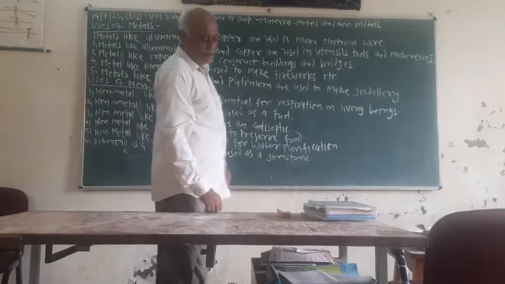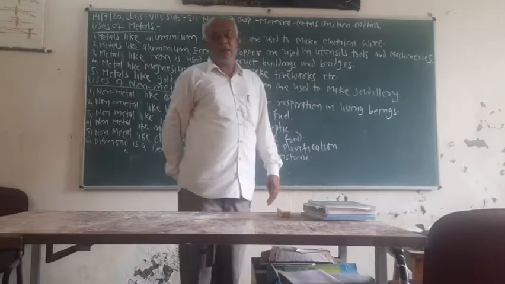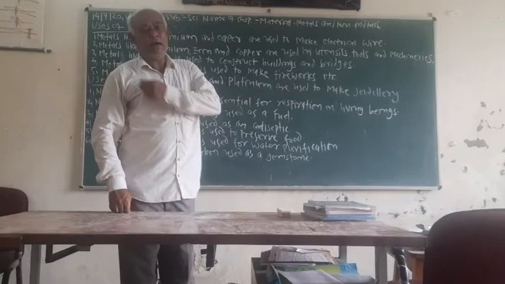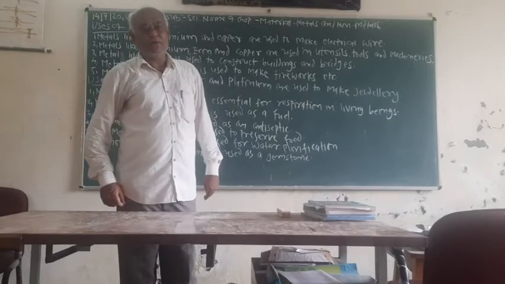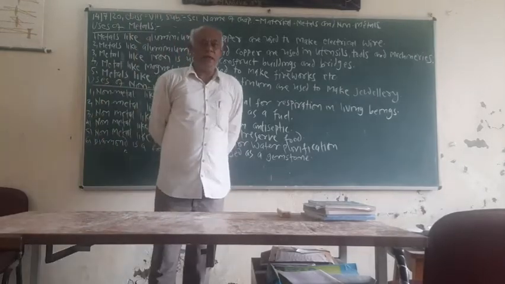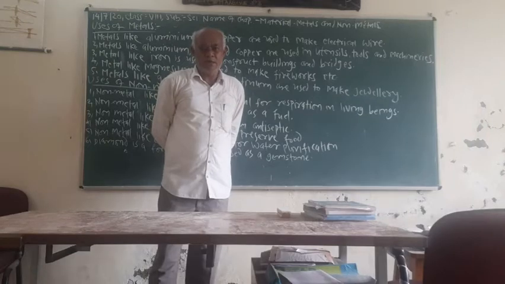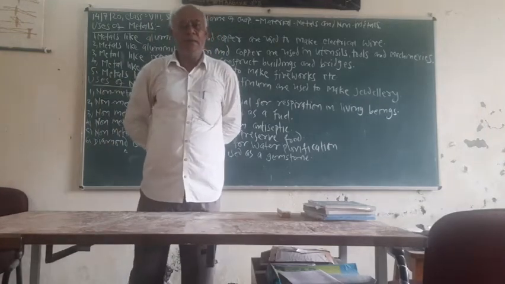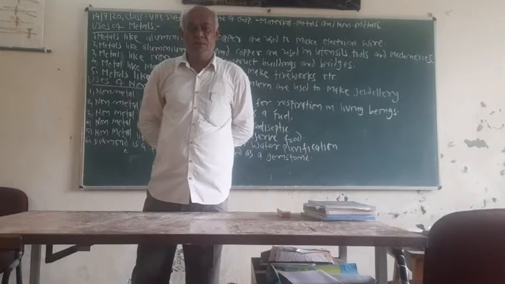Other uses of metals like copper, aluminium and iron are in the preparation of tools like cutting tools and drilling tools. The property for this is that the metals are very strong.